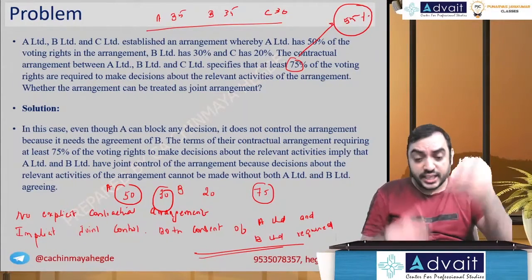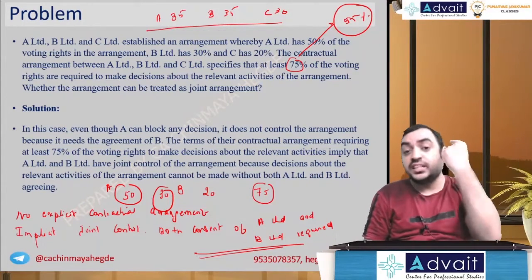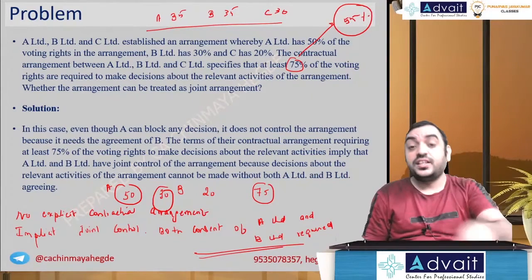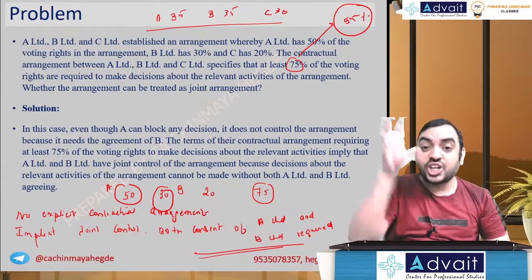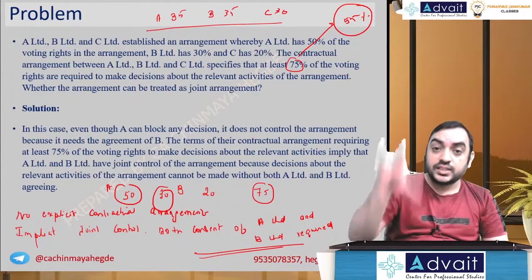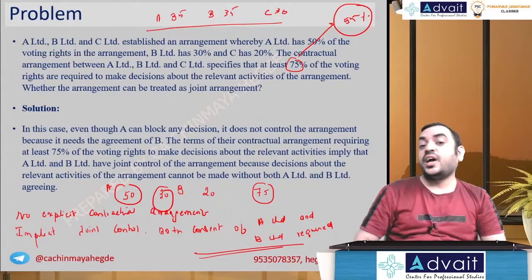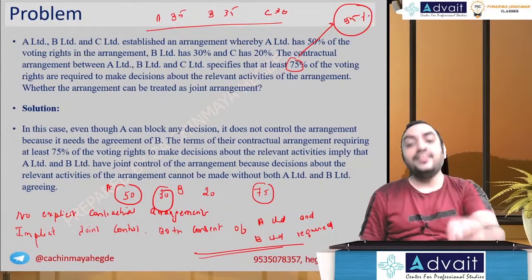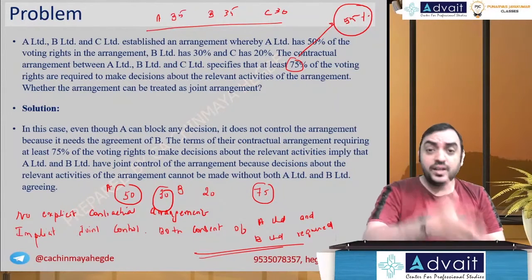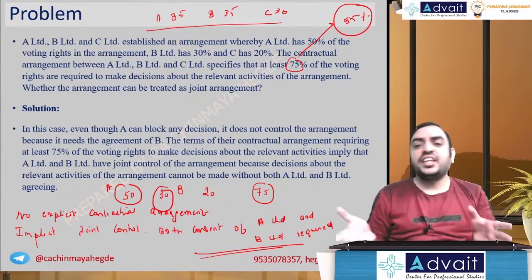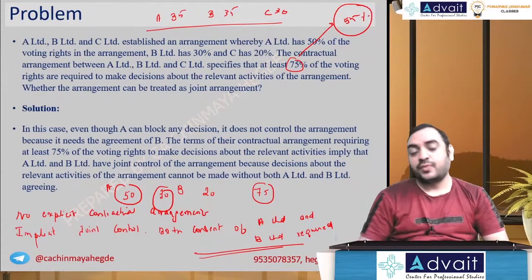And that means A and B will always have a discussion among them and A and B will come with a single decision. Yes, if there is a contractual arrangement between A and B to make a common vote, to make a unanimous decision, then you can say that there is a joint operation. But in my example, 35, 35, any three combinations can give the vote, can make the majority vote, and a decision cannot be taken.